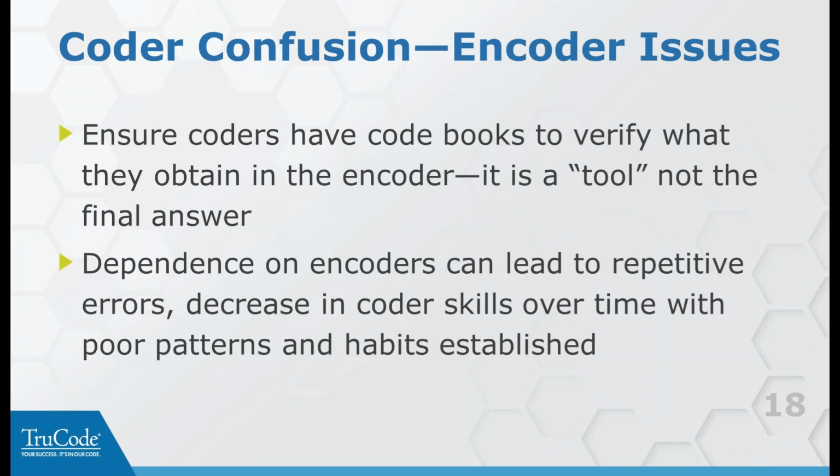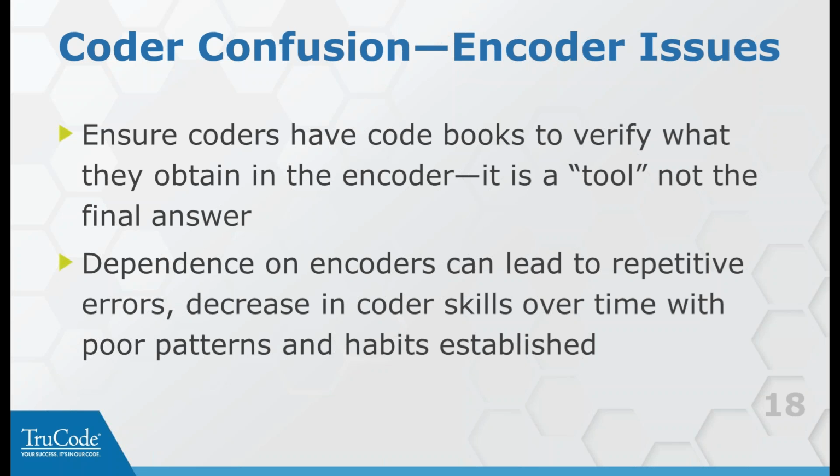If you have a decision tree encoder especially, it doesn't always necessarily get you to the right code if you don't answer the questions exactly correctly, etc. So it's really important that you not be so dependent on that encoder that, first of all, you have a code book available to verify what you get as an answer to make sure that it's correct if you have any uncertainty about it.